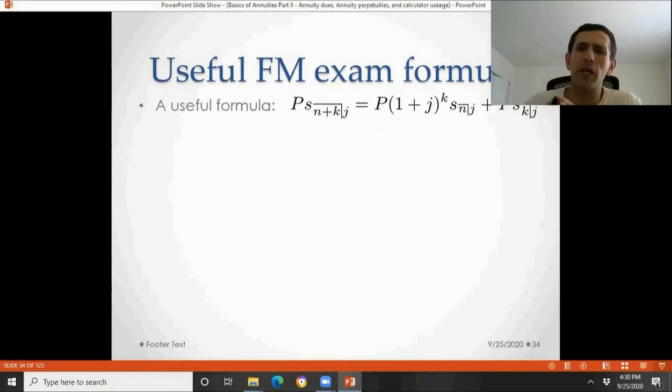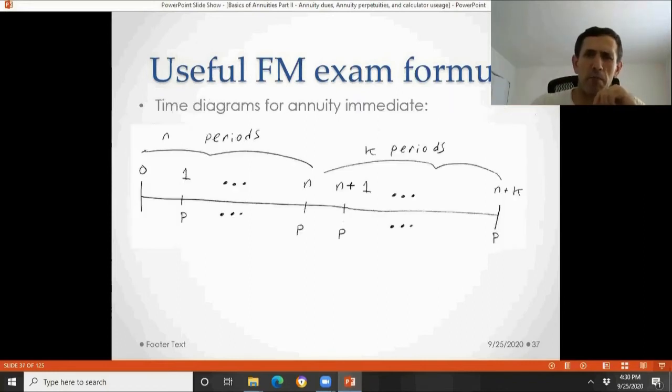So strictly speaking, you can absolutely just use some algebra to prove this formula. What's more useful is to derive this formula using, as I like to say, the theory of interest way of thinking, or exam FM thinking. And let's do that.